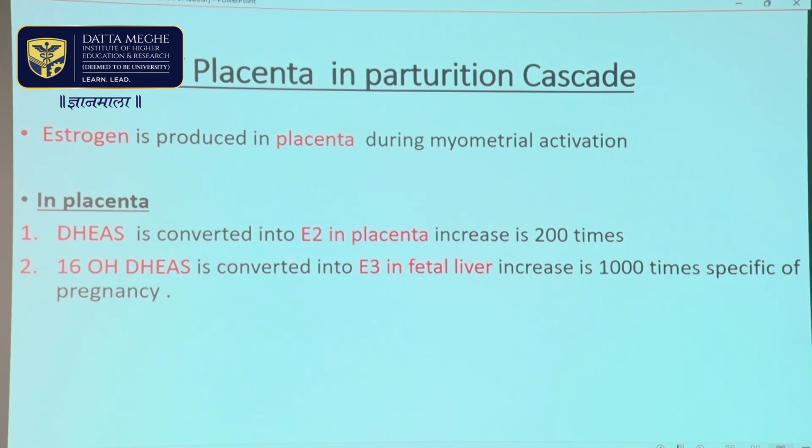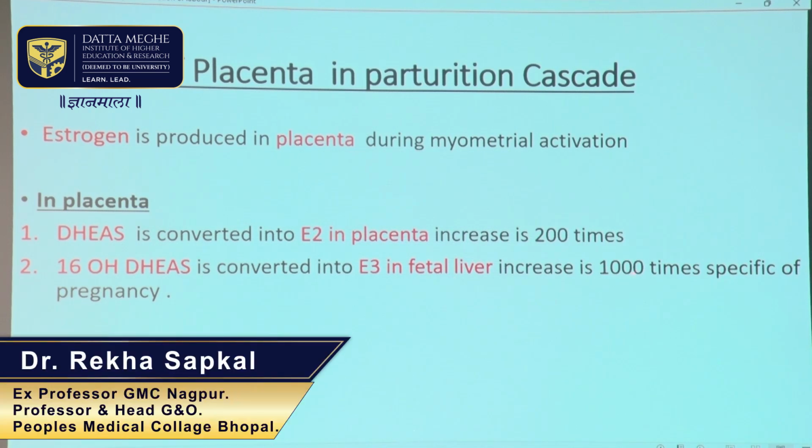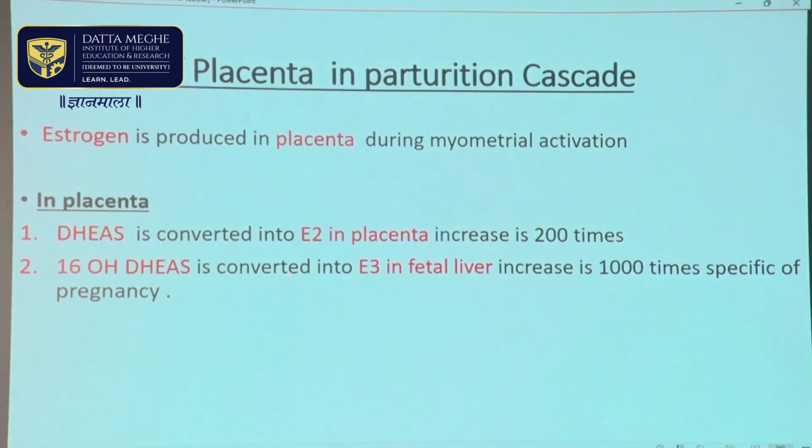DHEA gets converted into E2, which rises 200 times, and 16-OH DHEA gets converted into E3 in the fetal liver. E2 formation is in the placenta, E3 formation is in the fetal liver, which increases 1000 times, and it is specific to pregnancy. You may remember in cases of screening in pregnancy, we take help of serum estriol levels to predict the growth of the fetus in IUGR cases.